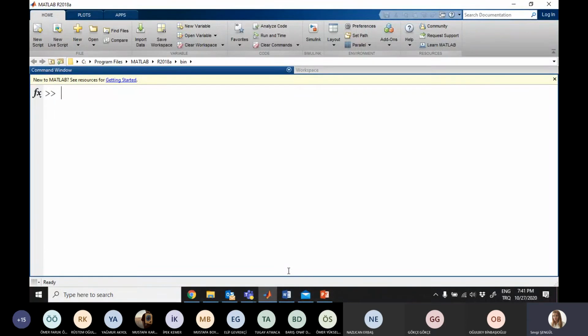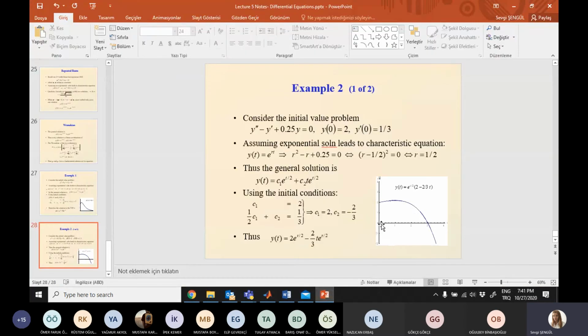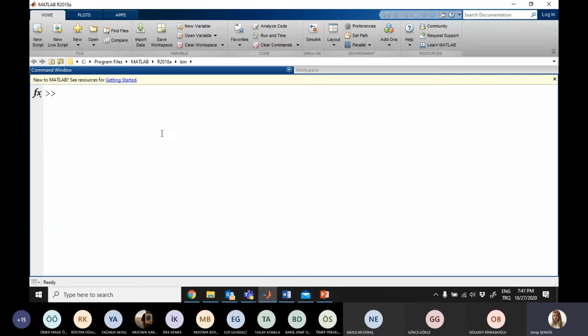You can turn this into data, where t is, for example, from 0 to 4, and let's give an increment of 0.1. And let's define our function f, and you can define it as a function with the inline command.